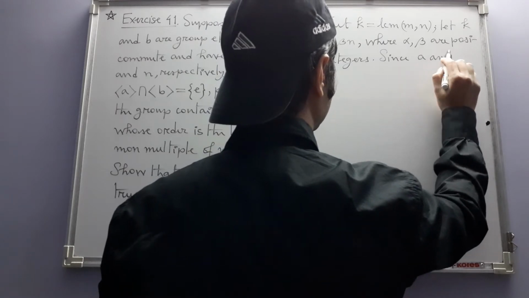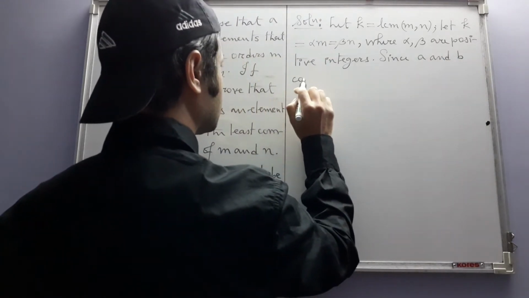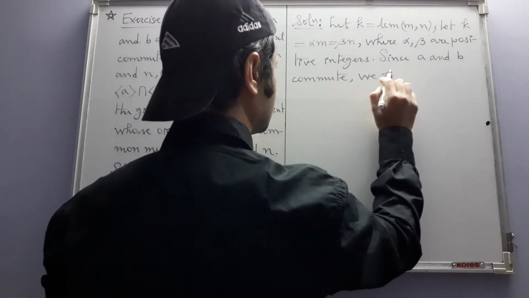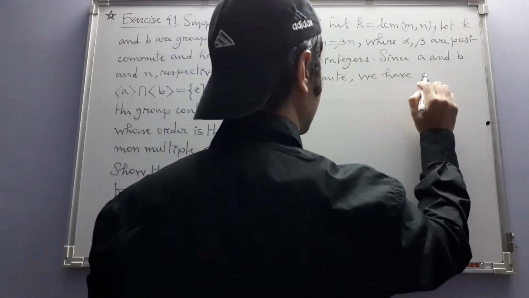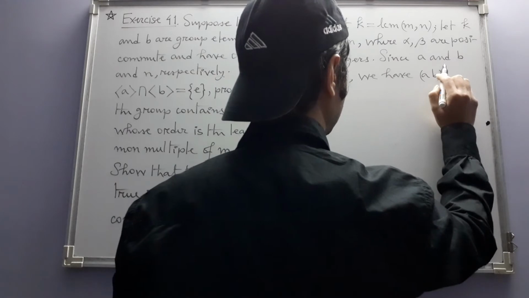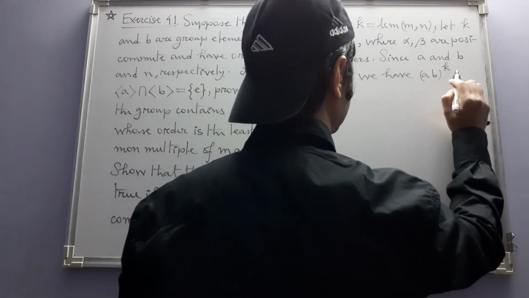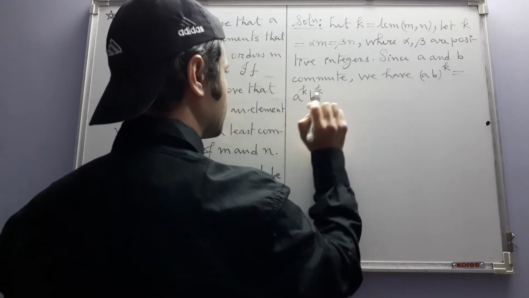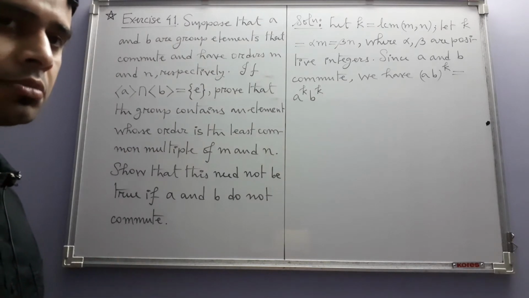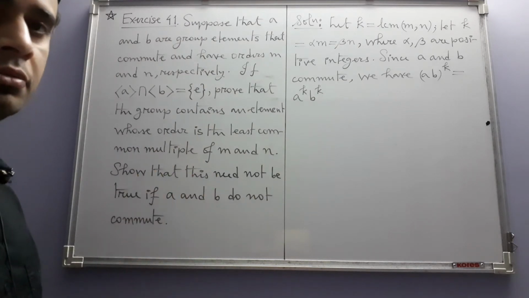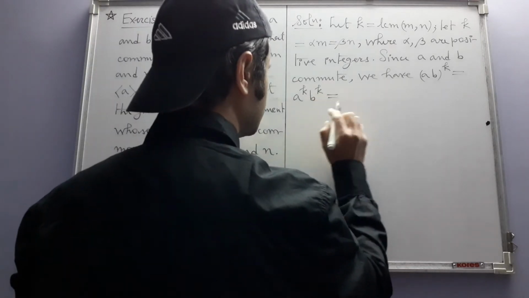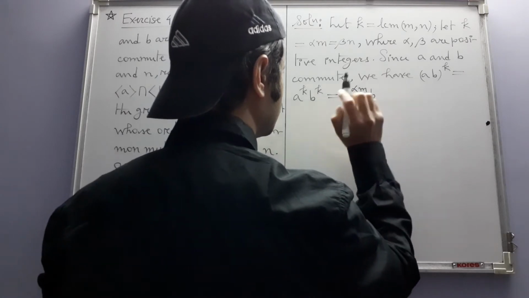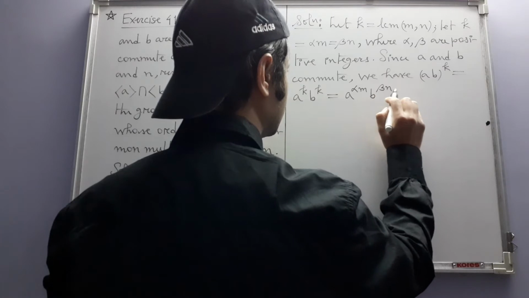Since A and B commute, we have (AB) to the power K is equal to A to the power K times B to the power K. From the fact that they commute, we have this. Now K is alpha m, and at the same time it is beta n.